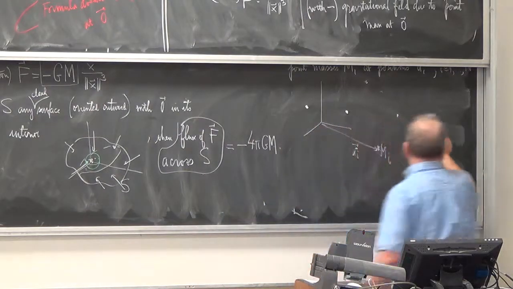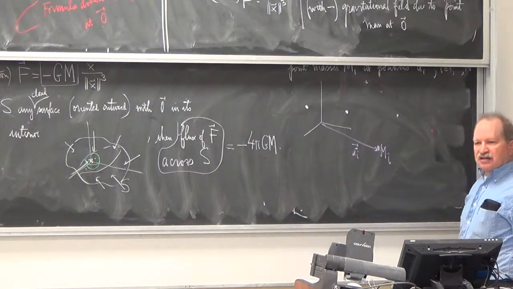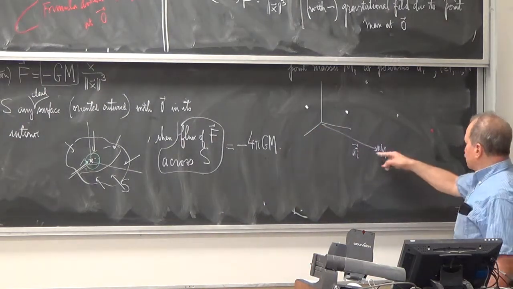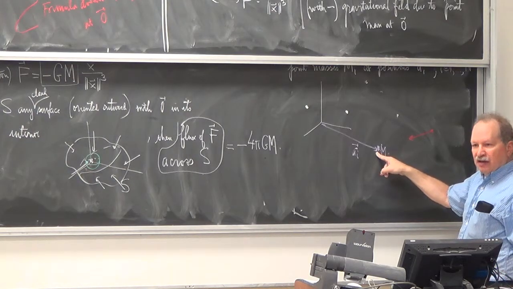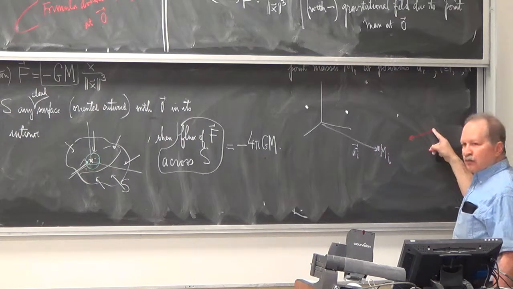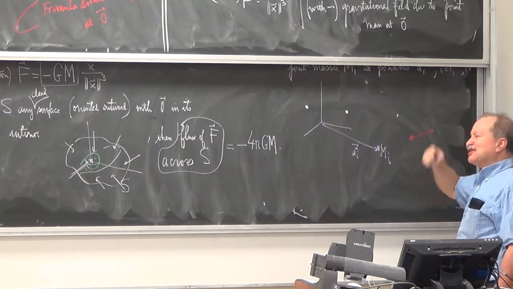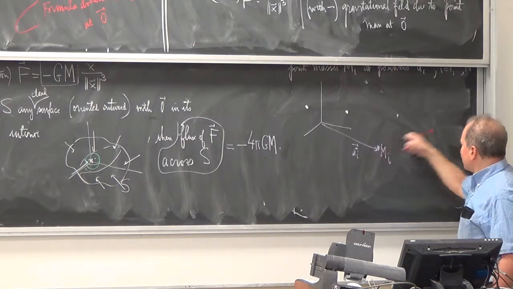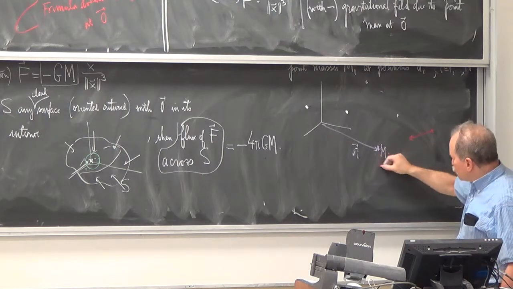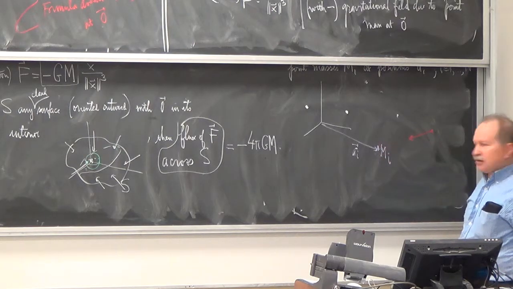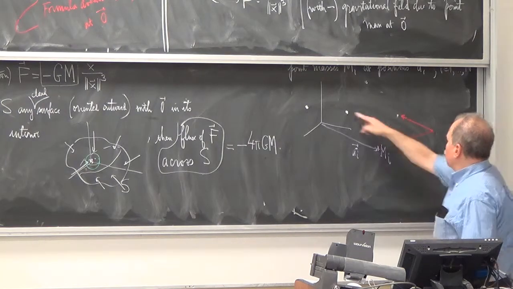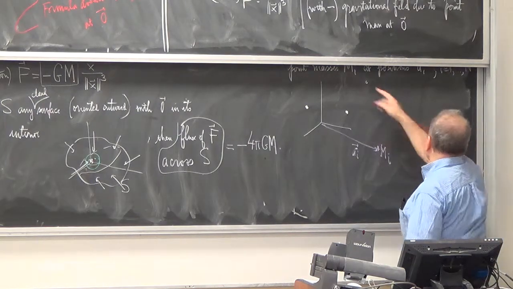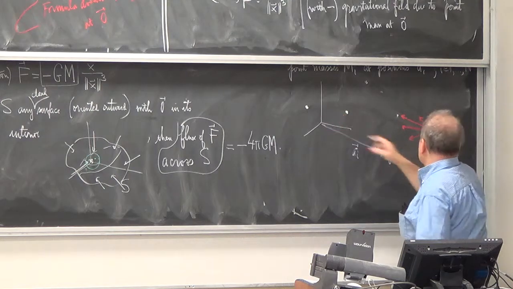If you took a test mass at a point x, it gets pulled towards this mass inversely proportional to the square of the distance, and proportional to the mass. It gets pulled towards this one, and that one, and this one, and that one.